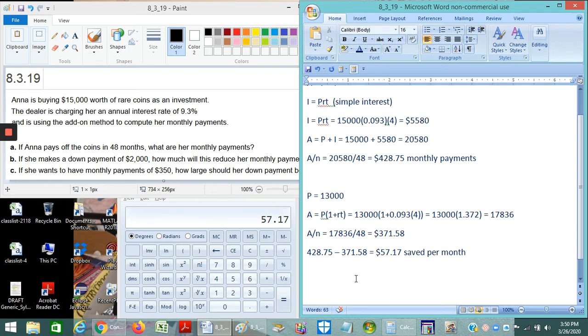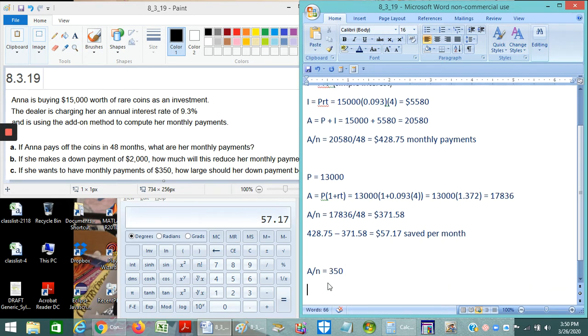Let's see. So let's set up our equation. A over N is our equation for monthly payments, and we know what we want the monthly payments to be, $350. We also know that A over N is the principal times 1 plus RT, right?